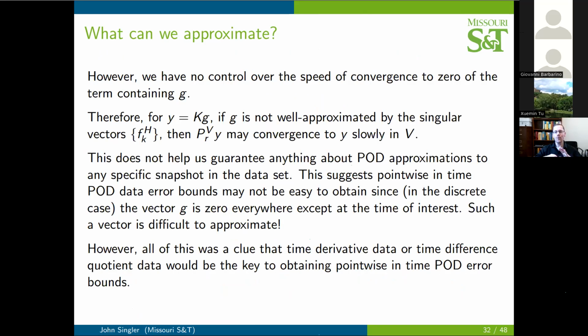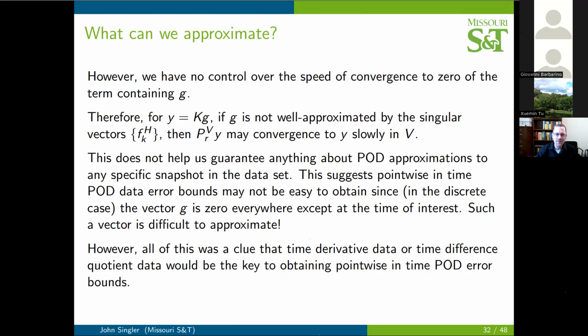Okay, so the idea here is, you're looking at things in the range of the POD operator, so some linear combination of the data you started with. And if the coefficients that give you this vector G are not well approximated by these singular vectors, then the convergence of these POD projections may be slow.